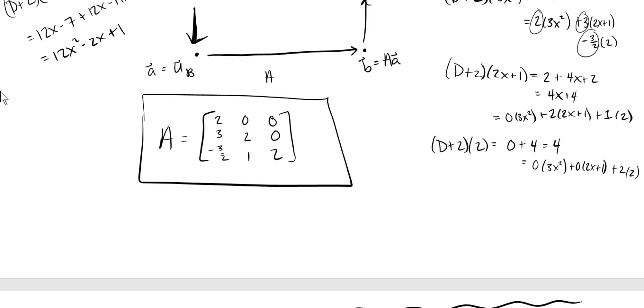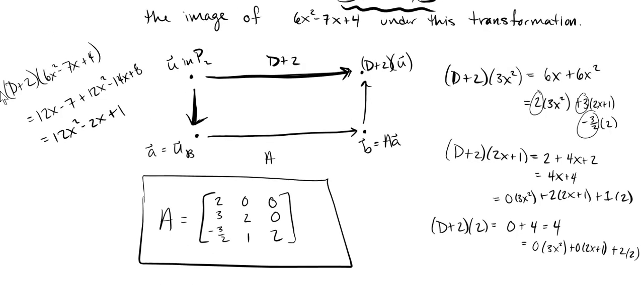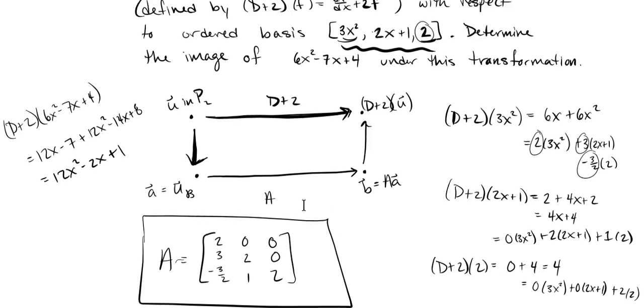Let's write this 6x squared minus 7x plus 4 in terms of our basis vectors, 3x squared, 2x plus 1, 2. So I know I need 2 copies of 3x squared to make a 6x squared. Well, it's getting kind of ugly here.